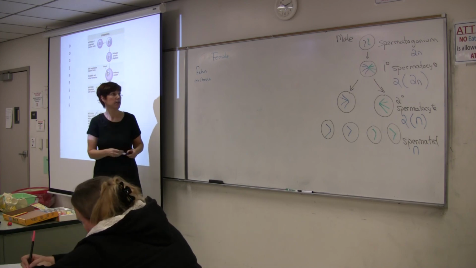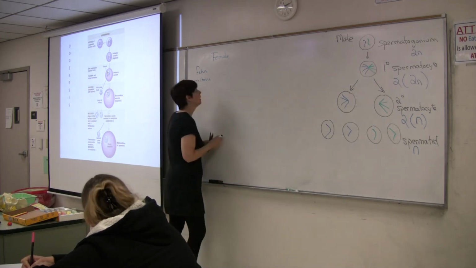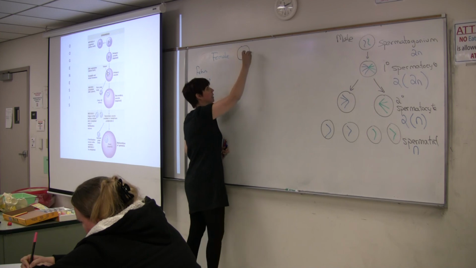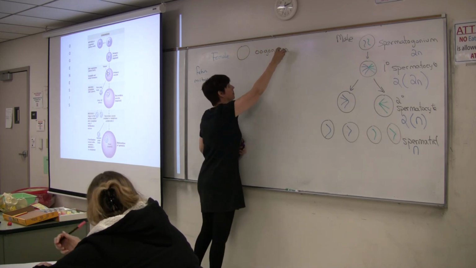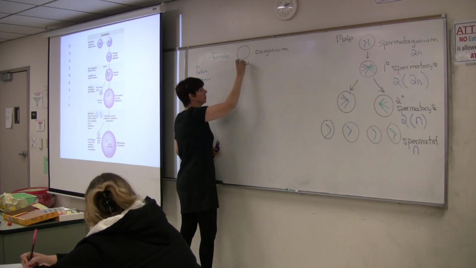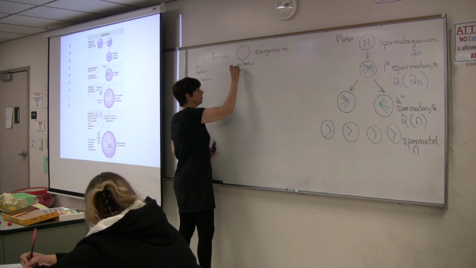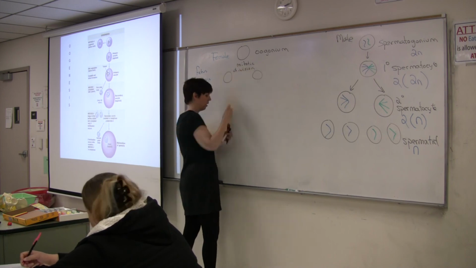All right, so the mitotic division of forming an oogonium and forming two more oogonia.